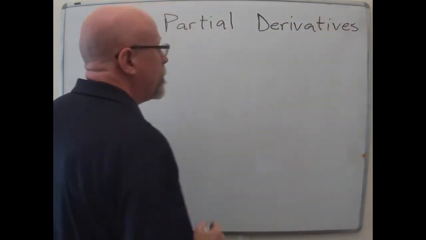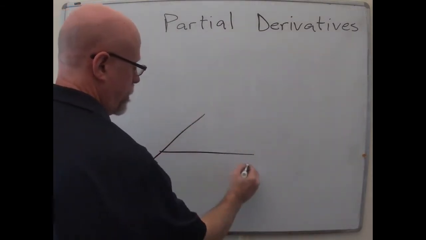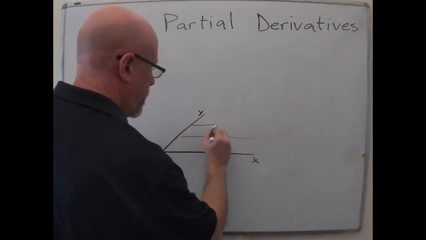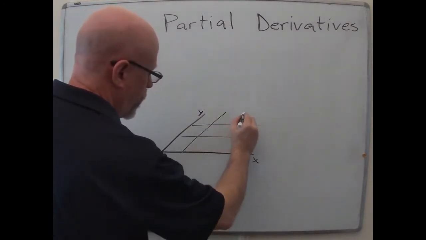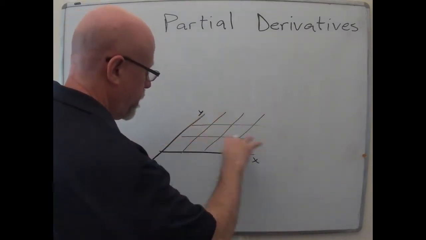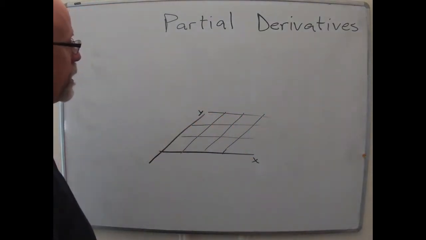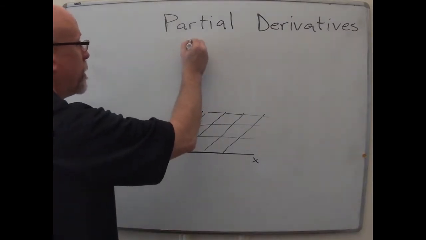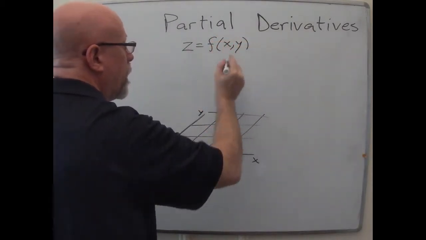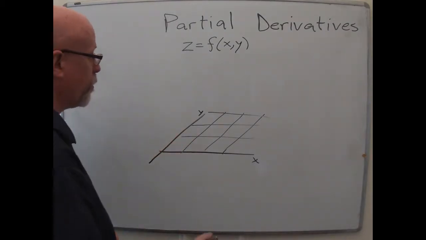And so I want to try to sketch for you the generic situation. Here's the xy plane. That's the x coordinate. Here's the y coordinate. This is a flat plane, so you can think of it as having a grid work of these lines in the y direction, these lines in the x direction. Above this plane, we're going to imagine a surface. So z is equal to a function of x and y. I don't want to talk about a particular z, so just generically, there's some surface up here.